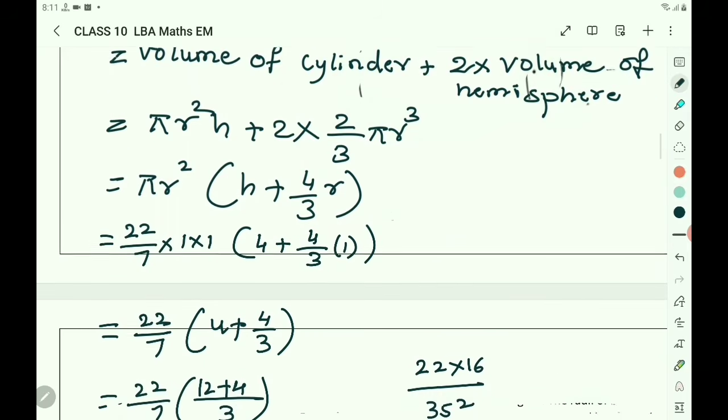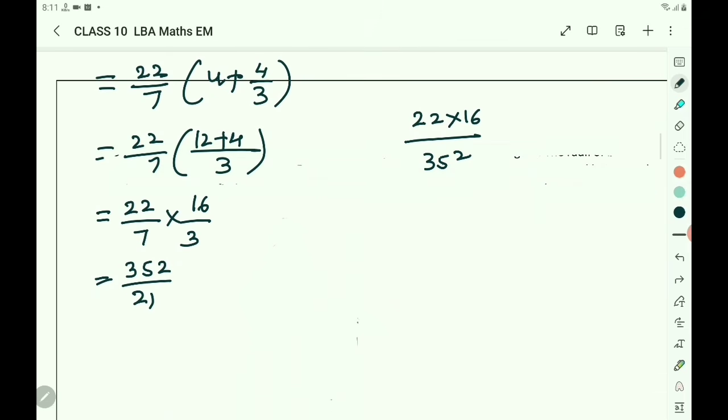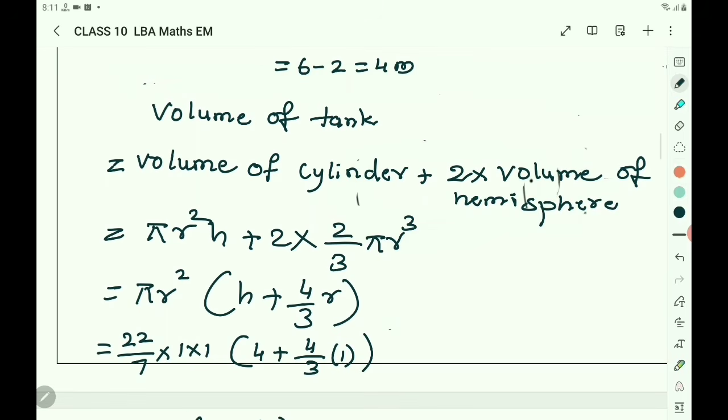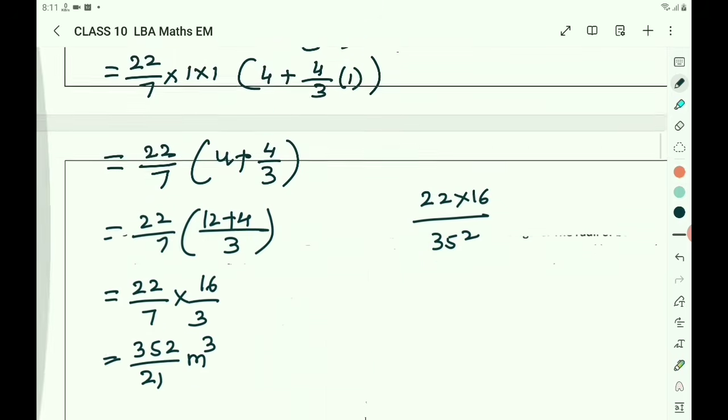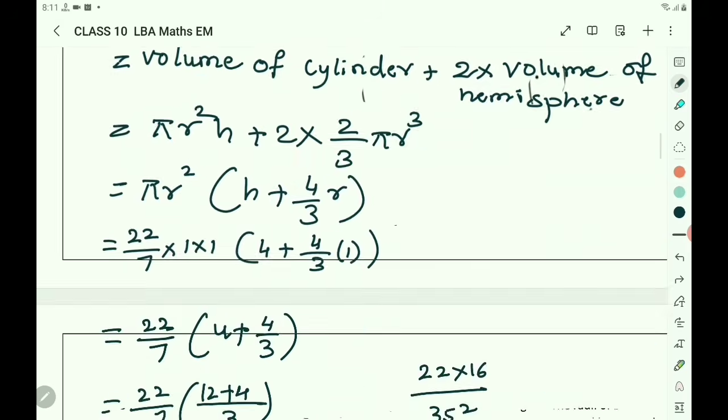Then what is the unit? Here the unit is meter. Then you write m cube. The volume is m cube. How much m cube? 352 by 21 m cube.